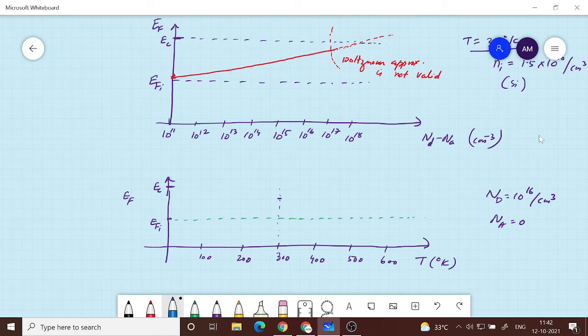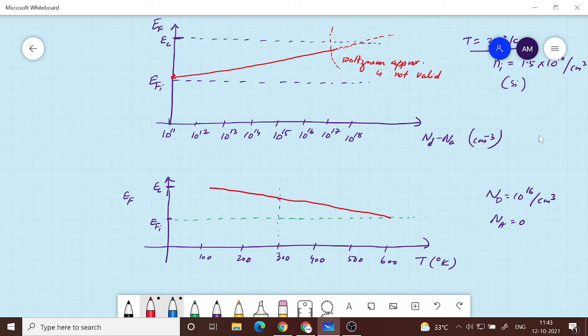Okay, so if I draw this, what it suggests is that you have 10 raised to 16 ND, and as you now cool it down, the Fermi level will go more and more closer to the conduction band.